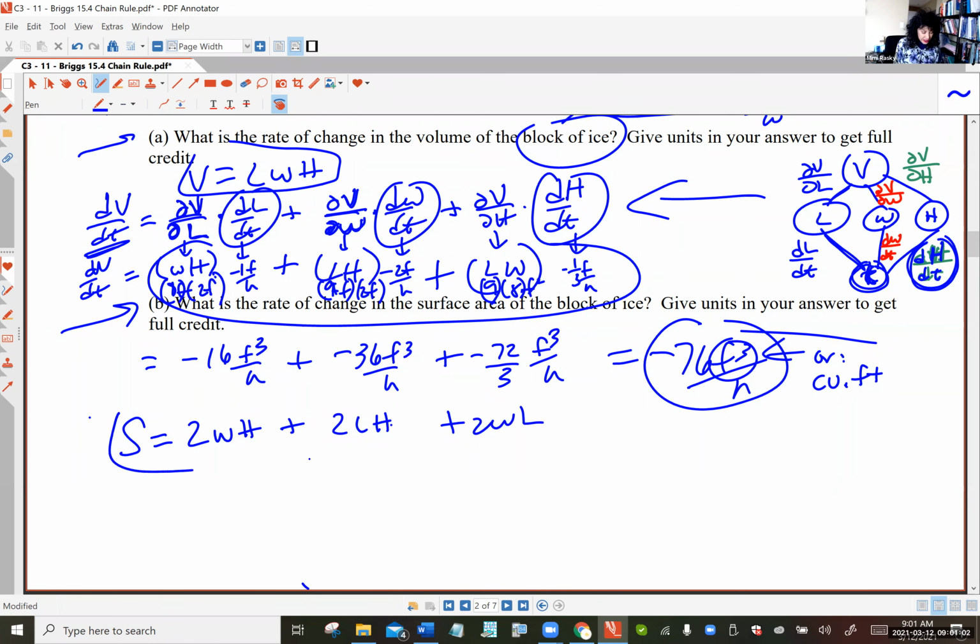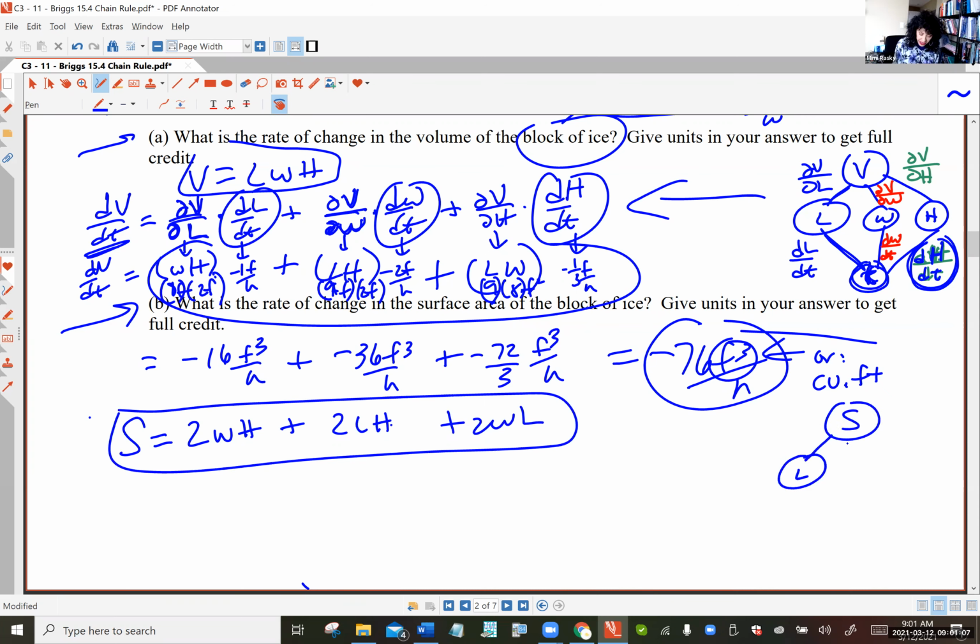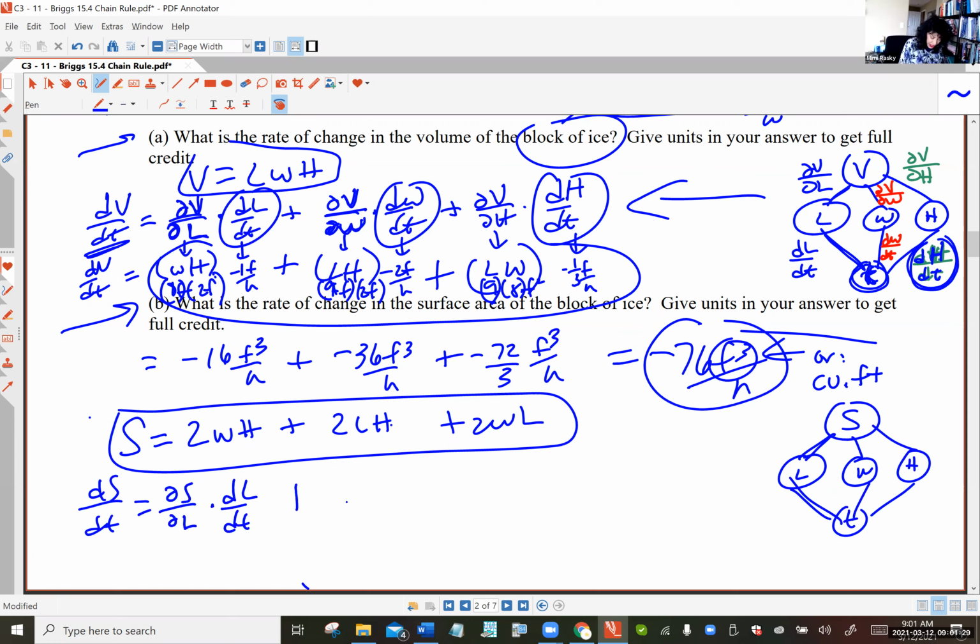So S is a function, if you were drawing a schematic here, surface area is also a function of L, W, and H. And L, W, and H are still functions of time t. So if you're going to find the rate of change of surface area, you're still going to do these branches here. The partial of S with respect to L times dL/dt, plus the partial of S, surface area, with respect to width, times dW/dt, plus the partial of S, surface area, with respect to H, times dH/dt.